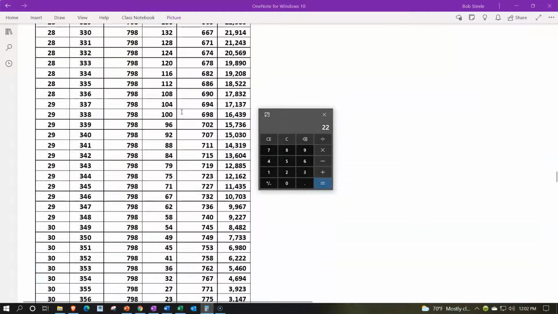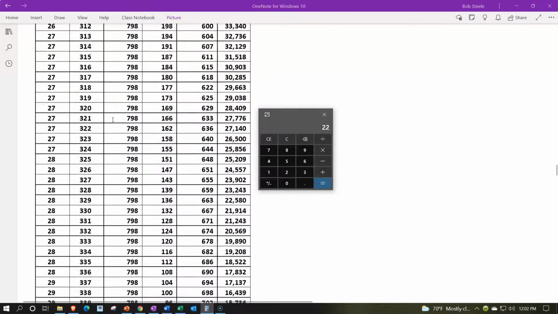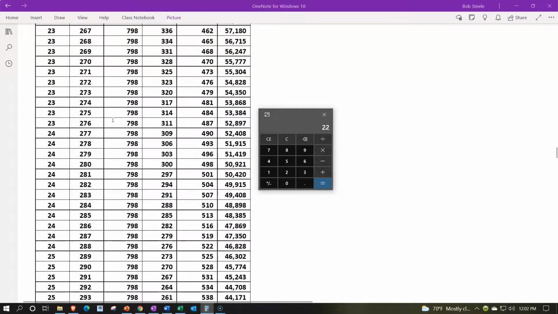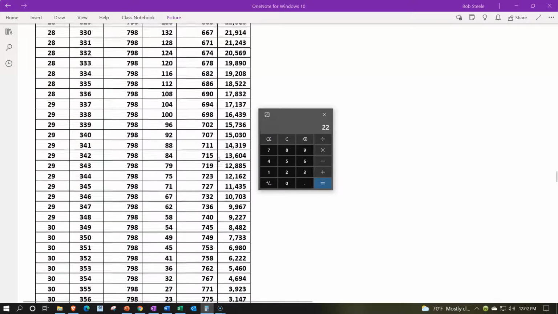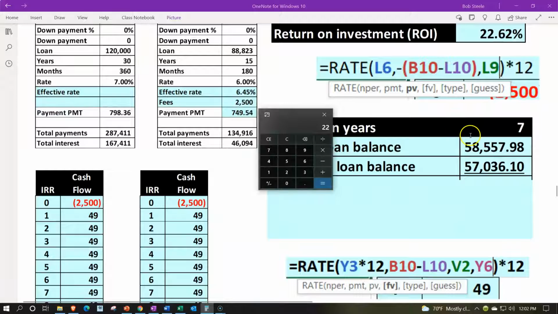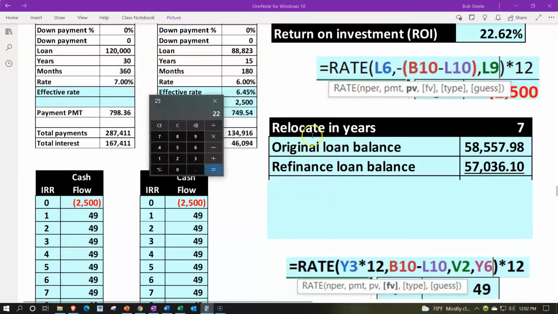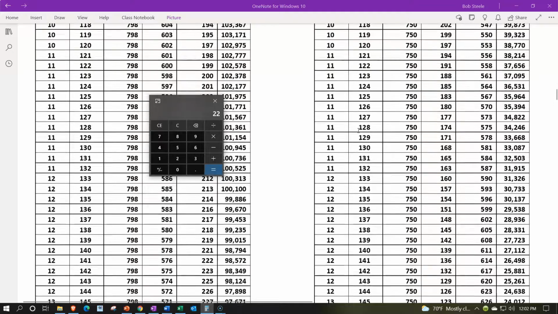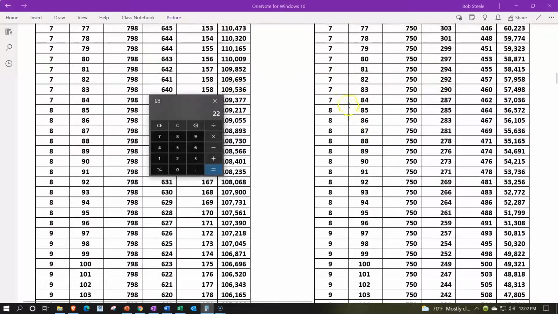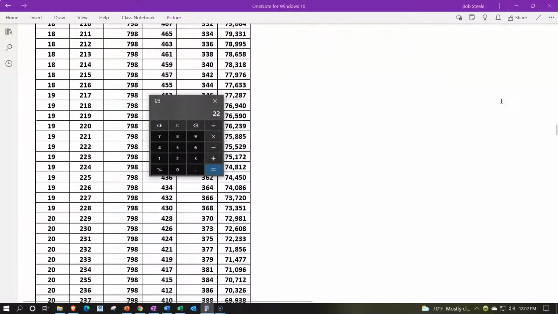So if I go up to my amortization table, we're looking 22 years out. We would still have a loan balance if we didn't refinance of right here, that's going to be the 58,558. And if we did refinance, so 15 years had passed, then we refinance, then we pass 7 years, which would be right here, we would still owe after that 7 years 57,036.